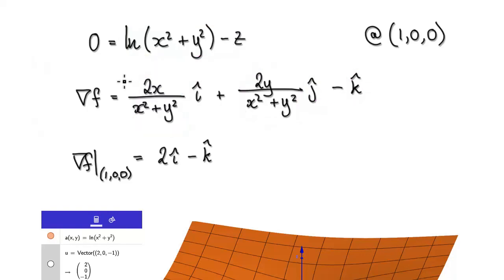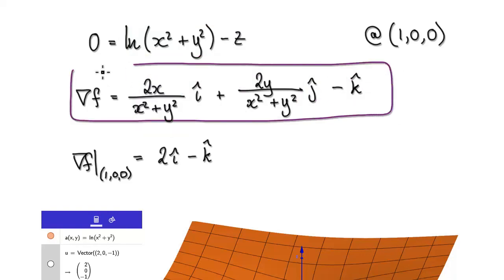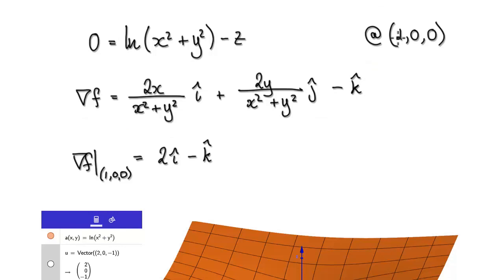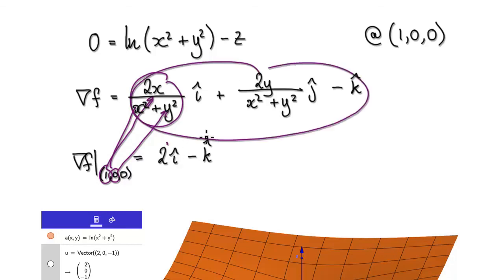So grad f equals this, but we want to evaluate grad f at a specific point of (1, 0, 0). So let's evaluate grad f at that point: put 1 into the x, put 0 into the y, and this whole thing will then become this.